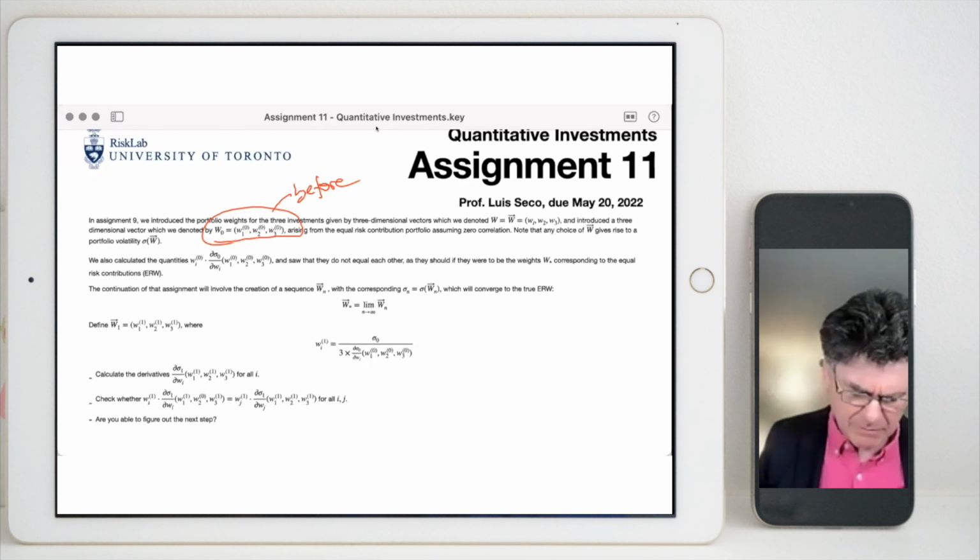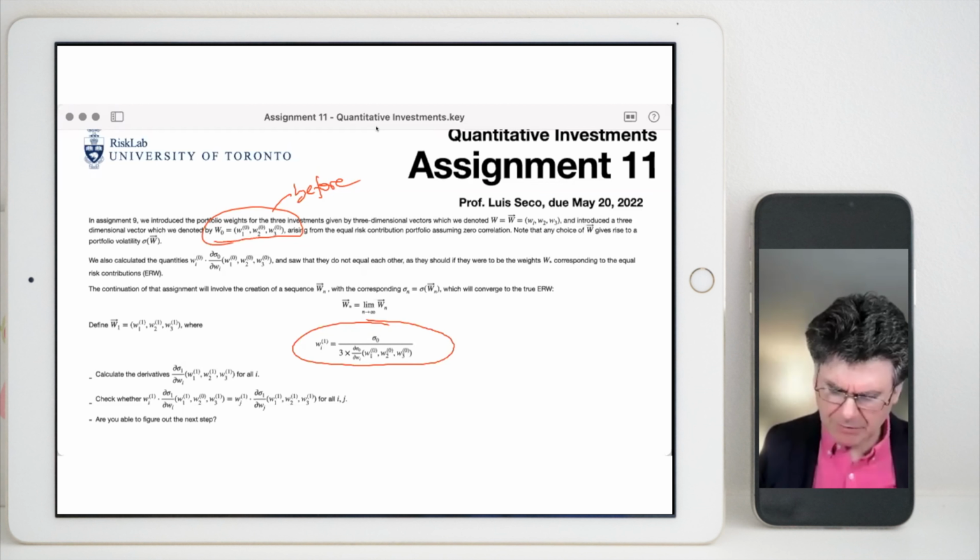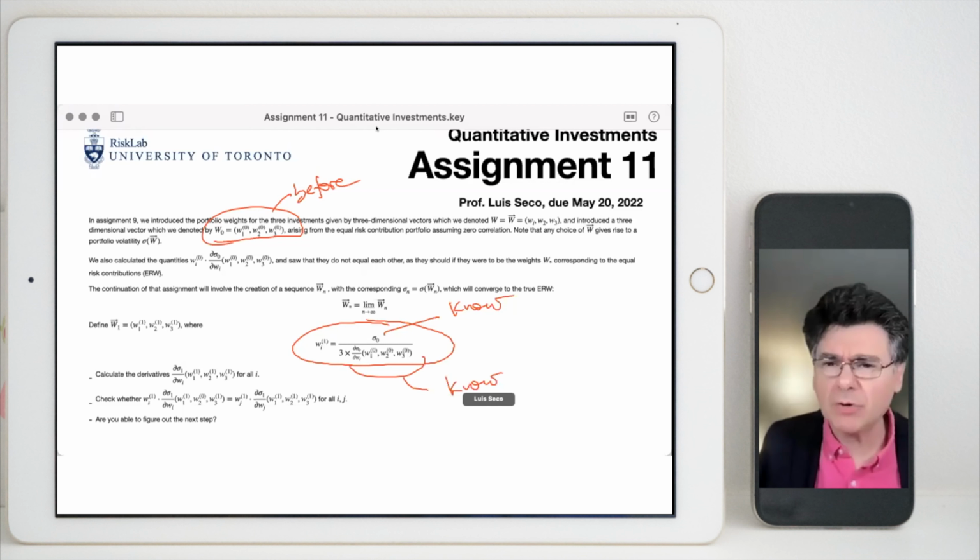The new ones will be obtained by doing this. Can we do this expression? So this we know. We know how to calculate this.